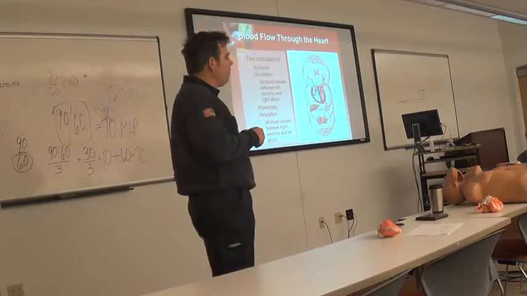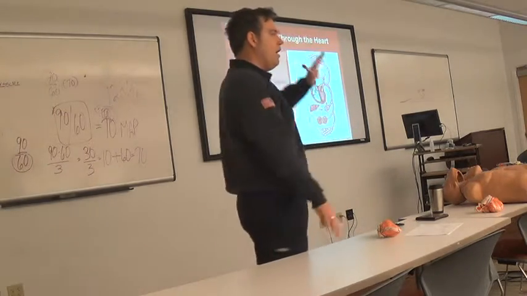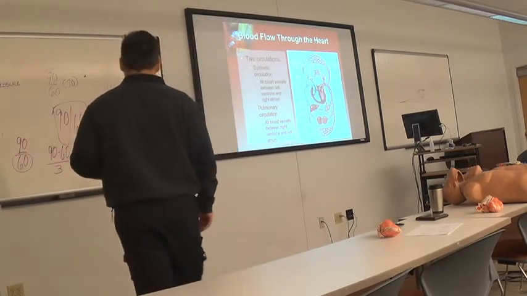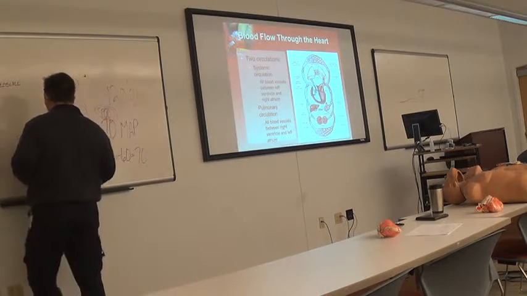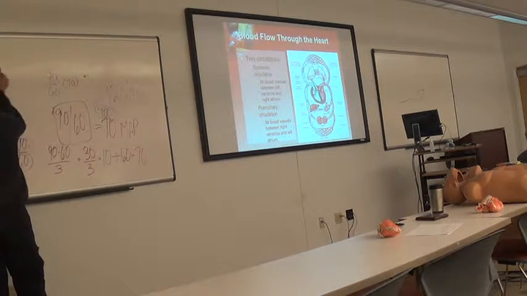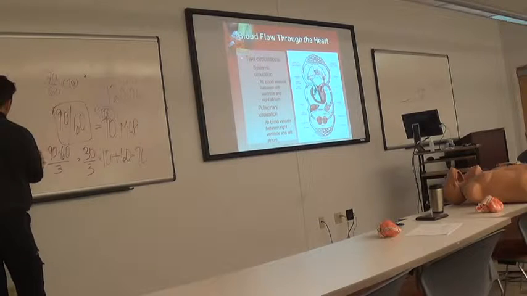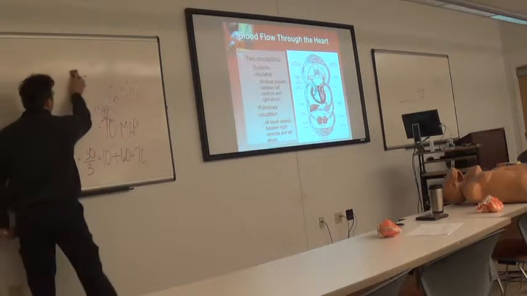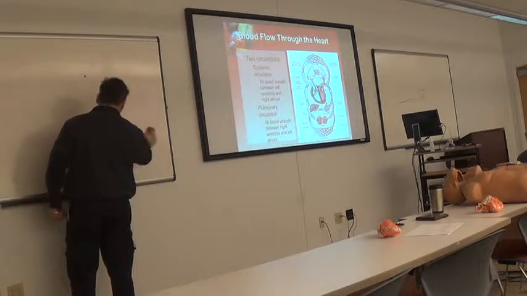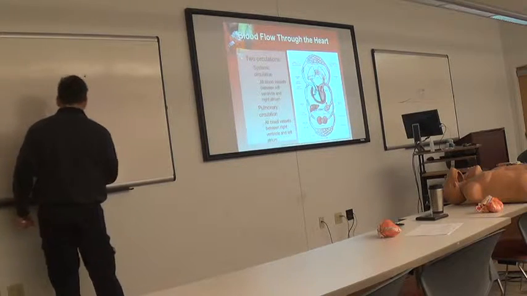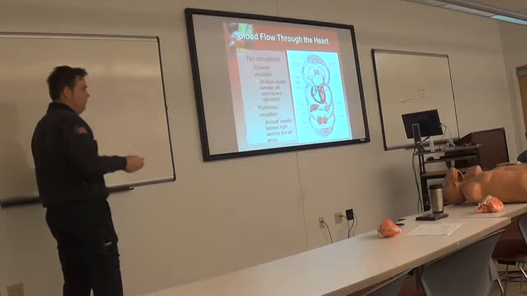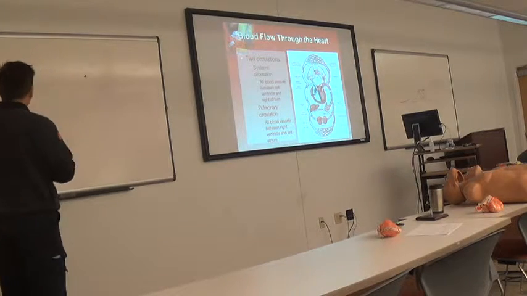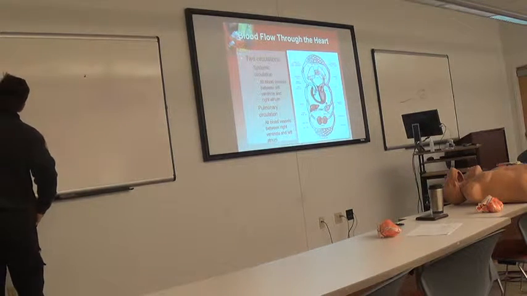Let's talk about a term called cardiac output, and we'll come back to this preload resistance thing. What's the definition of cardiac output? What does your book say? The amount of blood pumped out by each ventricle.